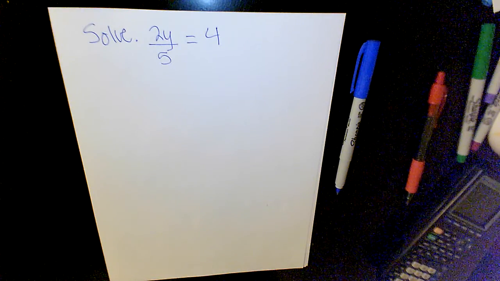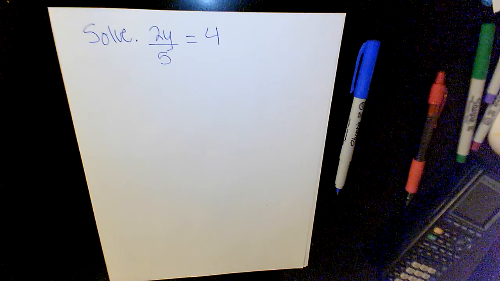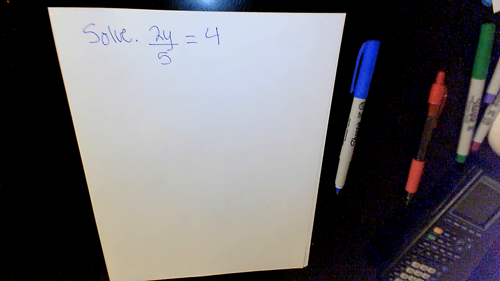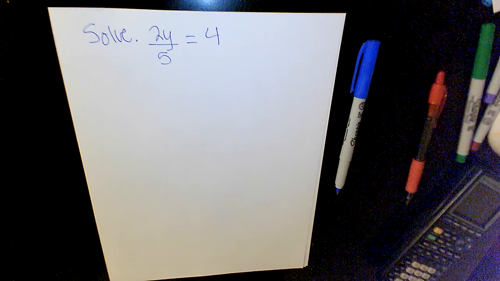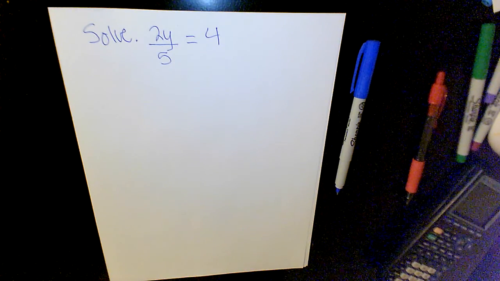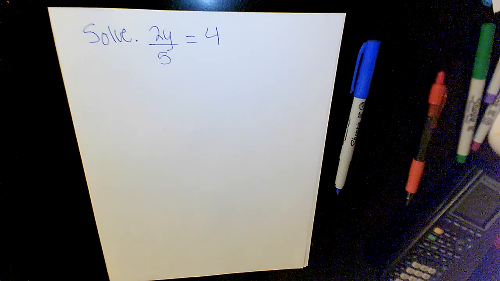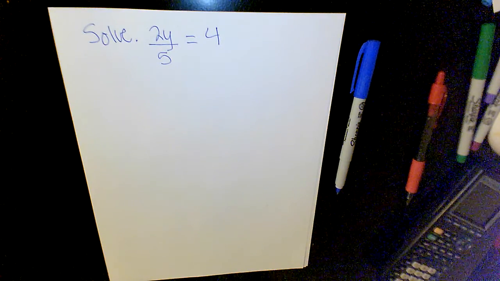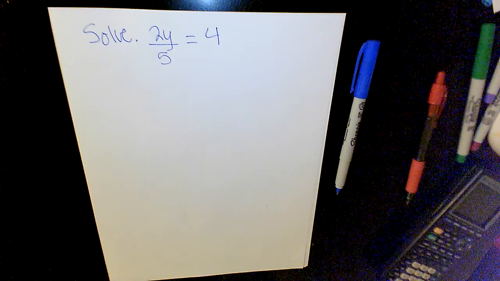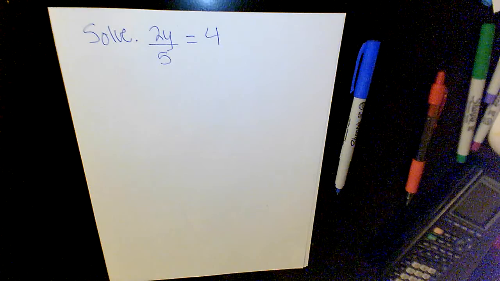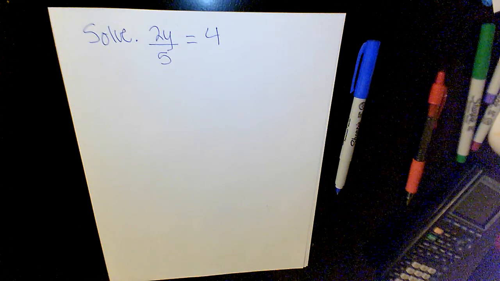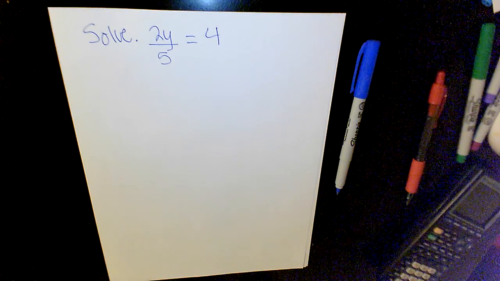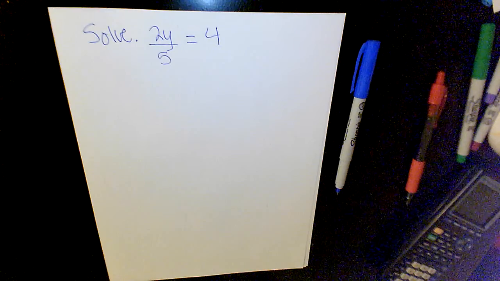So that fraction 2/5 is being multiplied by y. This is a little bit harder. I can't really tell what the answer is going to be. So 2/5 times some value y is going to get me equal to 4. Now it is true the 2/5 and the y are being multiplied. We could divide both sides by 2/5.